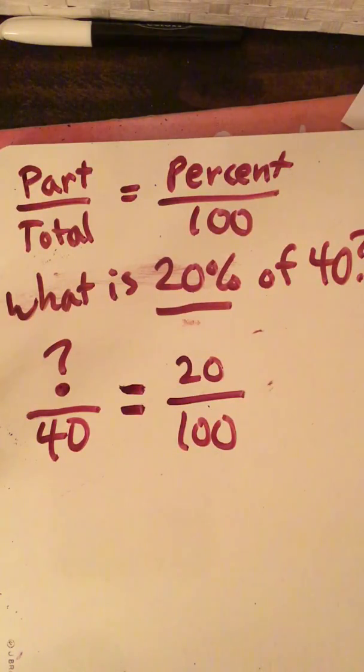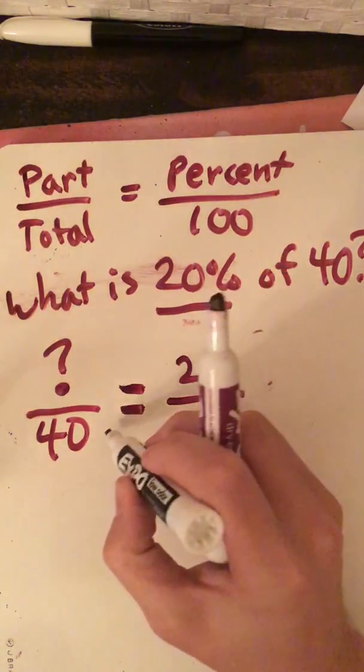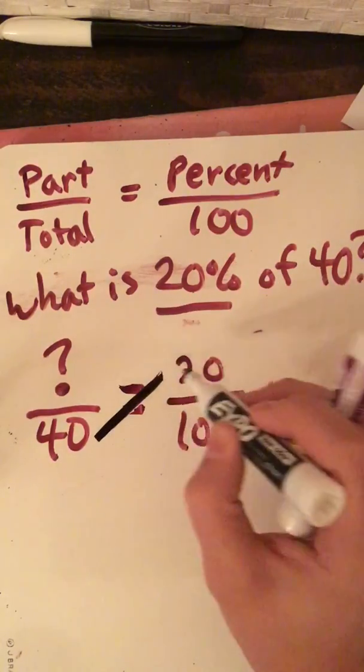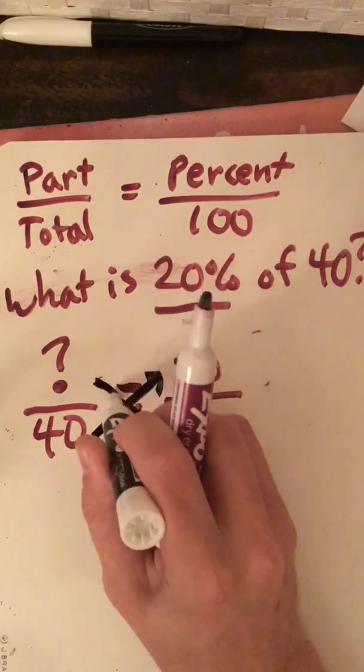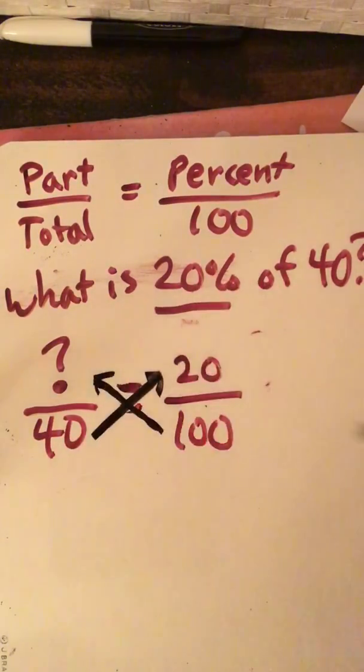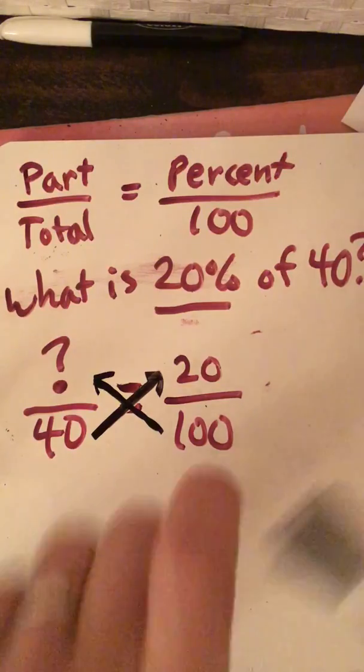The method you use is called cross multiplication. It's called cross multiplication because when you do this and that, it creates a crossing of the multiplication.